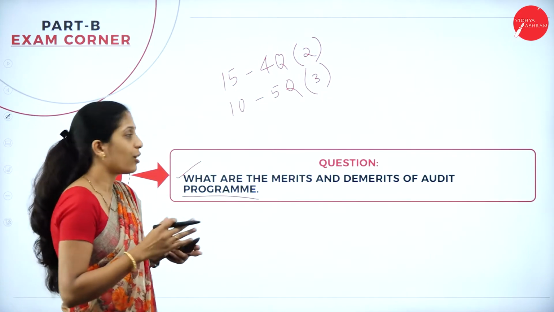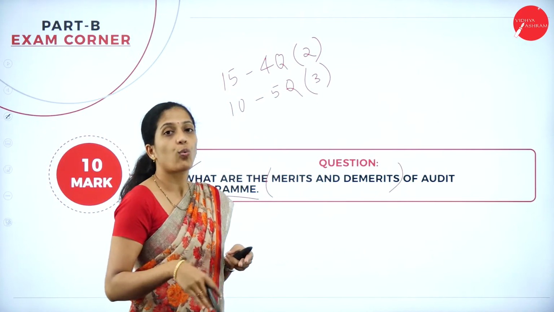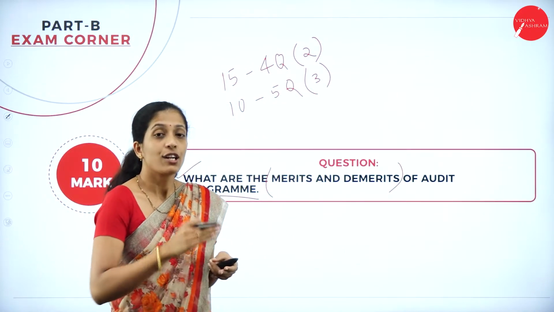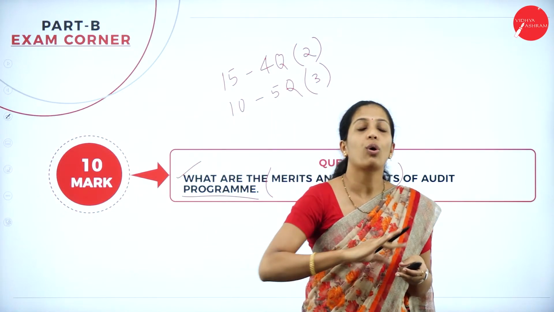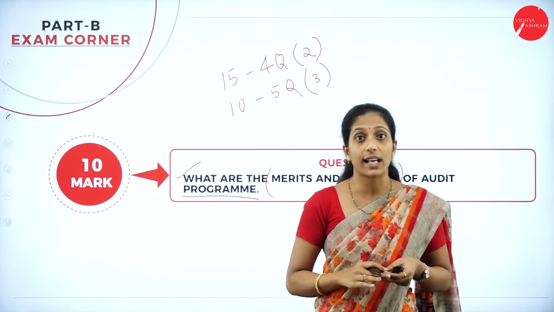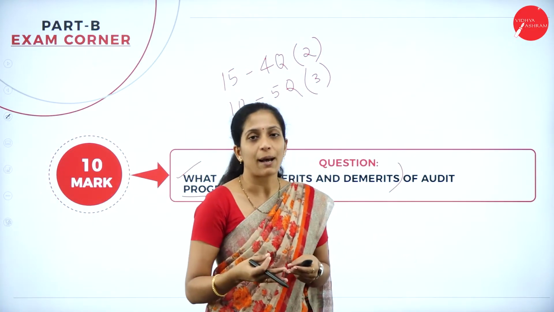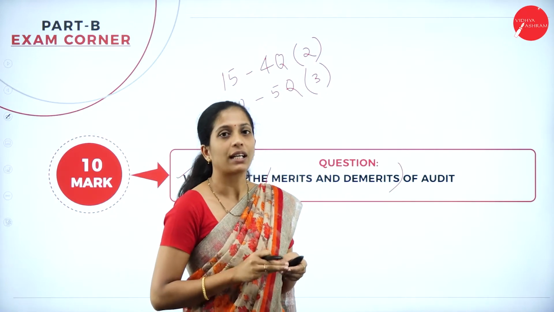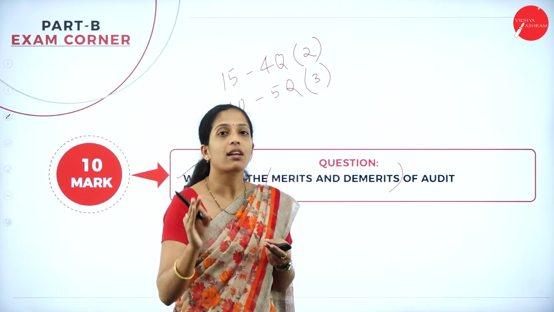So first, in order to write the merits and demerits, we have to know what is audit program, right? What do I mean by audit program? The overall program of an organization is called the audit program. That is, before the commencement of an audit work, a complete program has to be set up relating to audit.